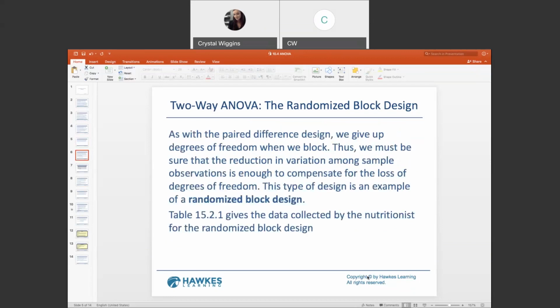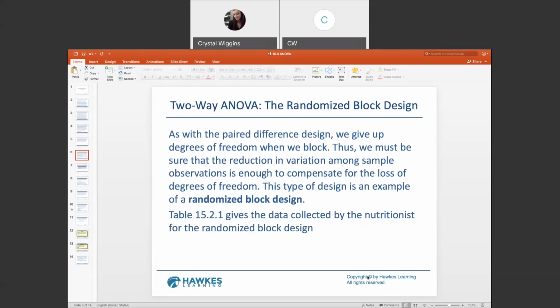As with the paired difference design, we give up degrees of freedom when we block. This is the paired difference design, and what they're saying is once we block them and we make them dependent, remember last week we were working with independent groups. Hence that would be if we did a random selection of just any old 3 people out of the 9 into each one of the diets, that's independent.